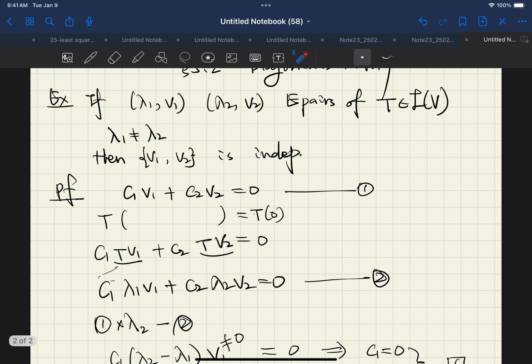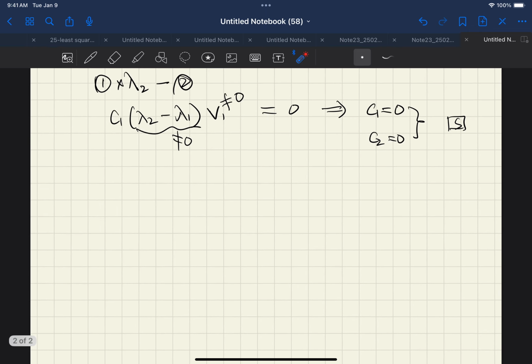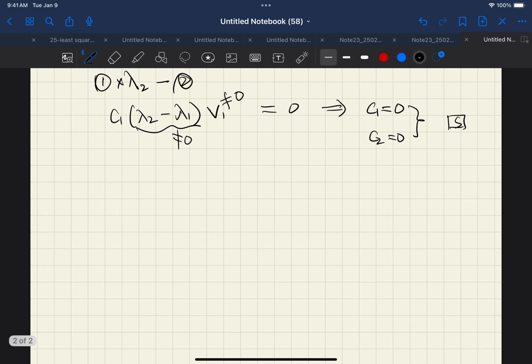So if you are taking one eigenvector from lambda 1, one eigenvector from lambda 2, from two distinct eigenvalues, then they are independent. And this can be generalized. To generalize that, we're going to introduce eigenspace.